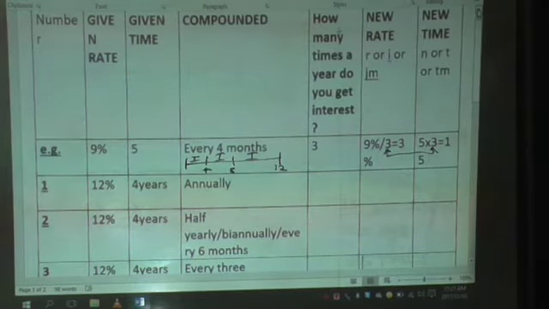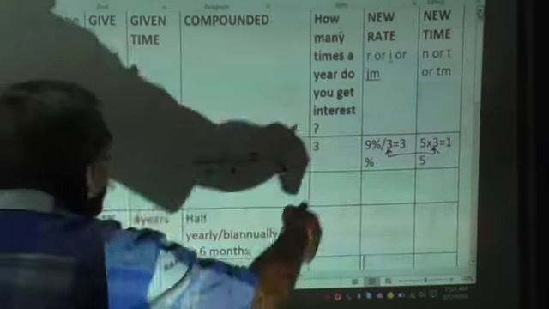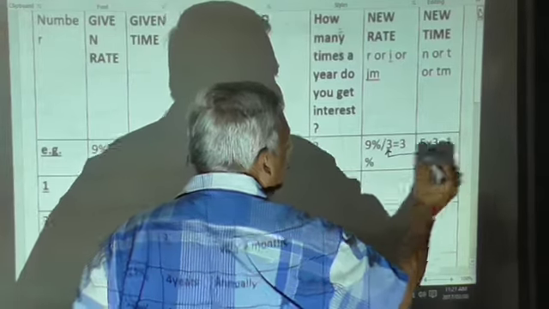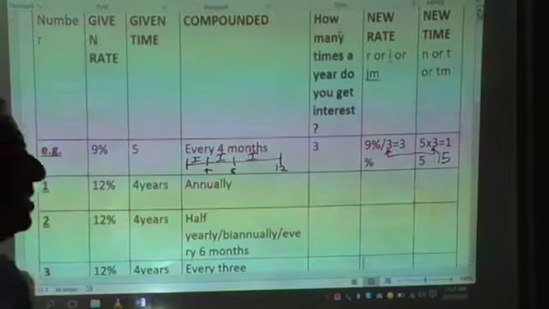It will always be the same. If it's 3 here, it's 3 there. 5 times 3 will give you 15. So I'll just write it in bold here. That's 15. So the answer is 15.